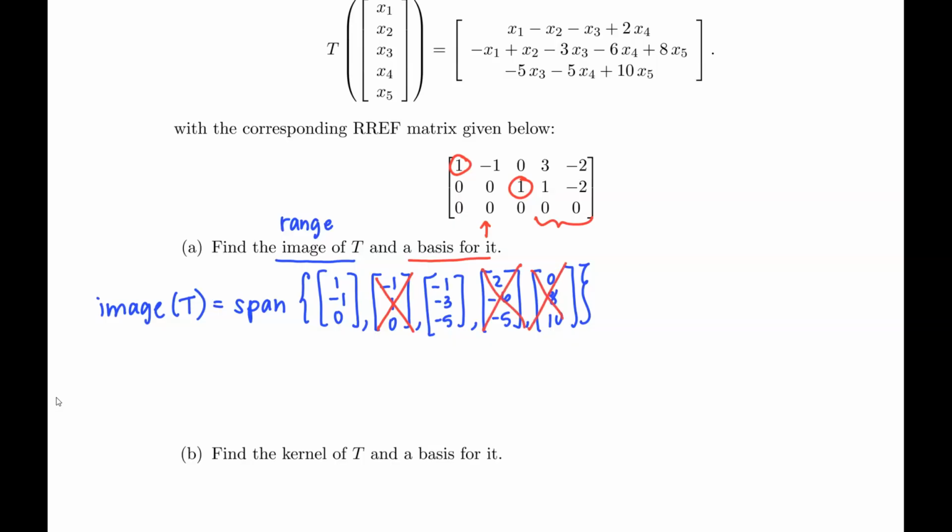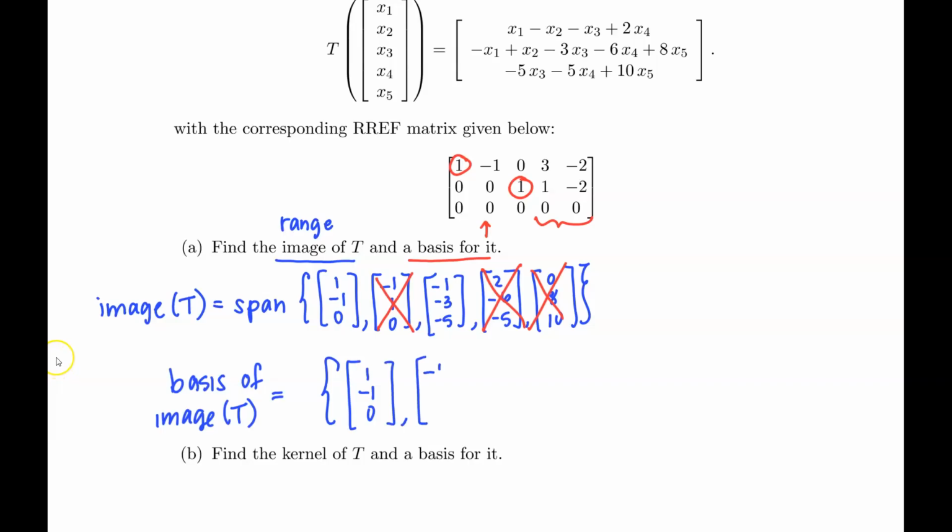So if you wrote your span with just the 2 vectors that end up in our basis, our basis is a set of vectors, then we don't want to have the word span, we just want to list those 2 linearly independent vectors that if we did the span would give us our subspace.